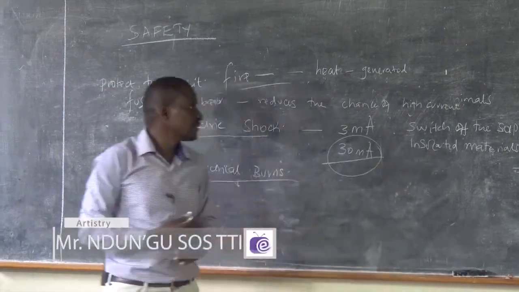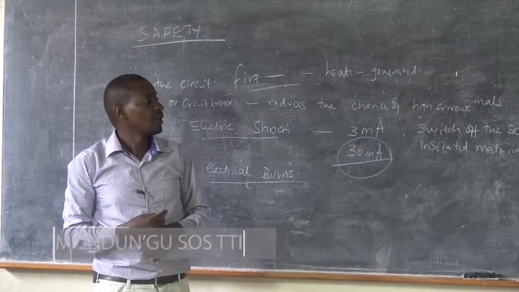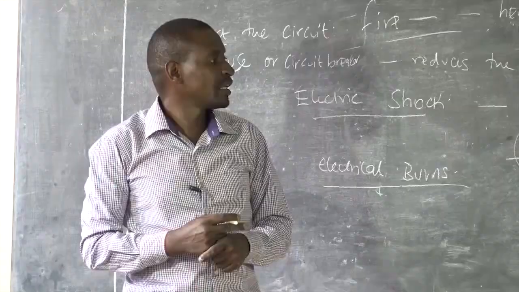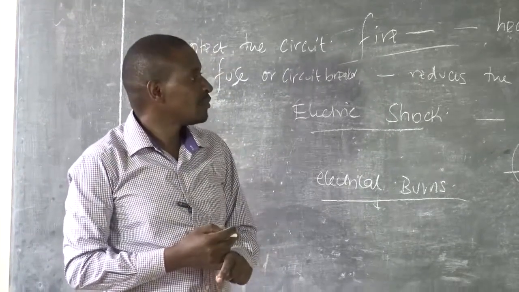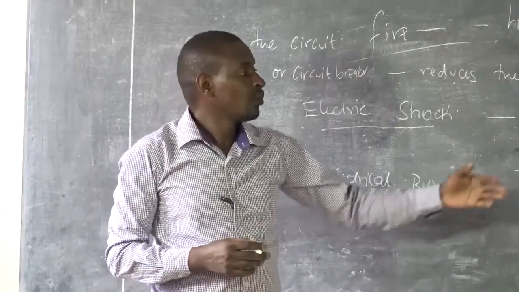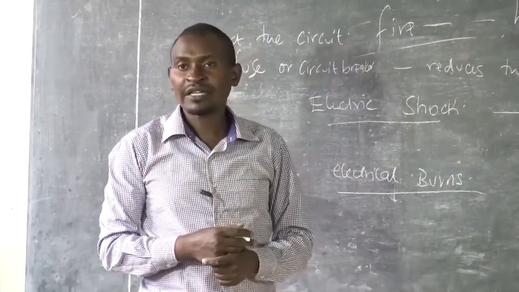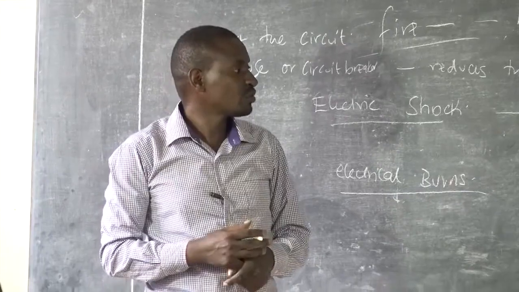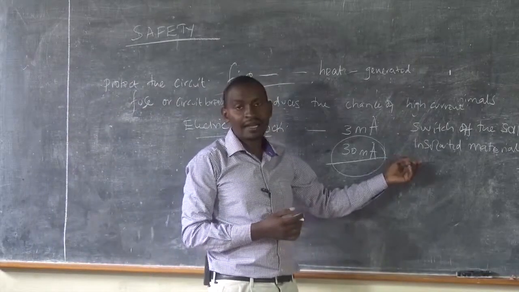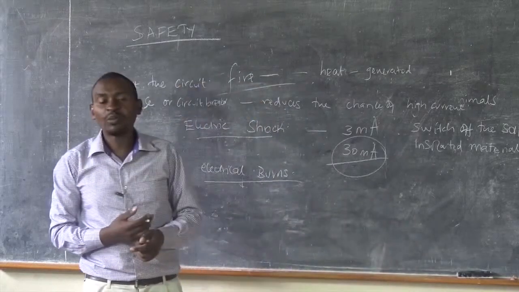And once that is done, you should check whether the person is able to breathe. Because most of the time, when someone gets an electric shock, the uncontrolled contraction of the muscles might affect their lungs, and as such, they might not be able to breathe.